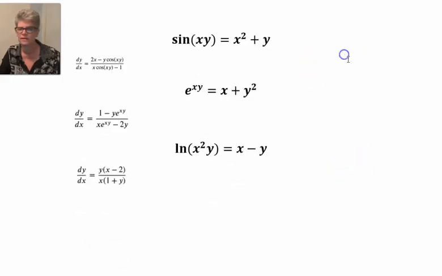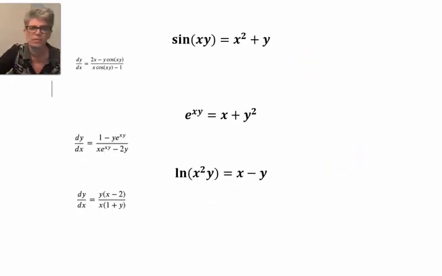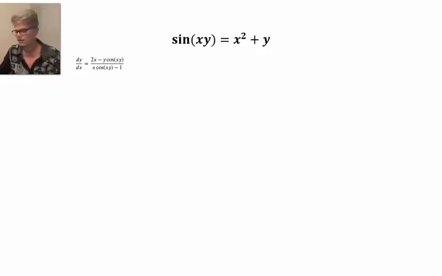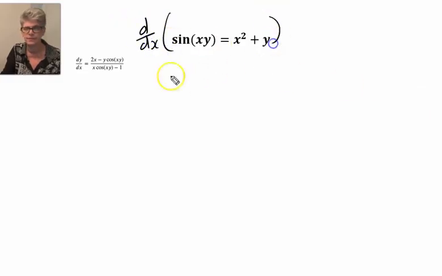All right, let's look at this guy. We want to find dy/dx, and we're going to use implicit differentiation. Okay, so I'm going to take derivatives of both sides with respect to x. So I can do that individually to each term.